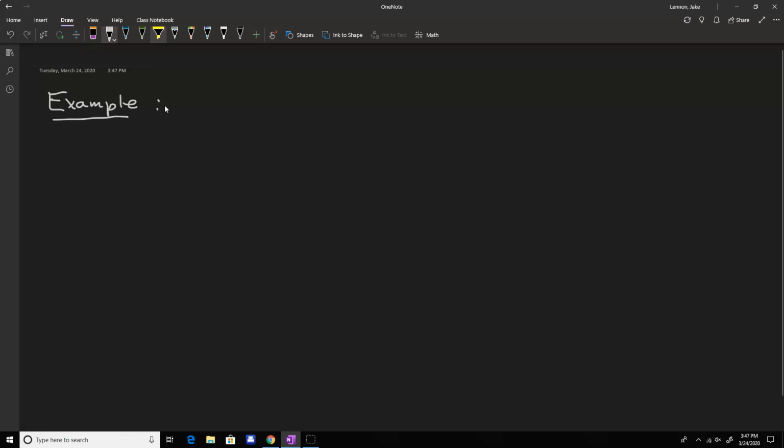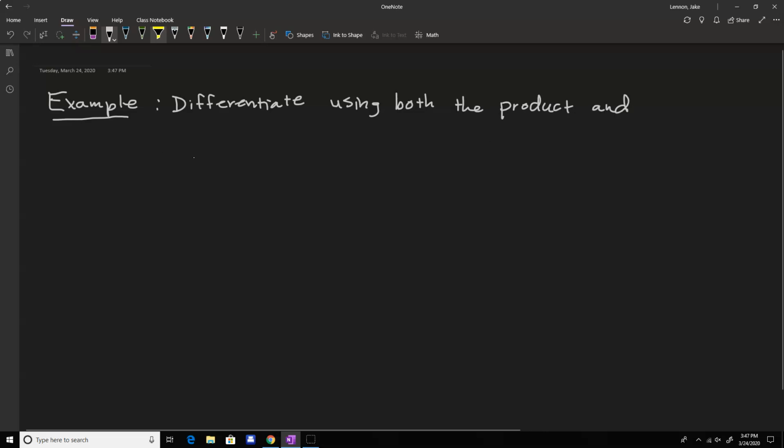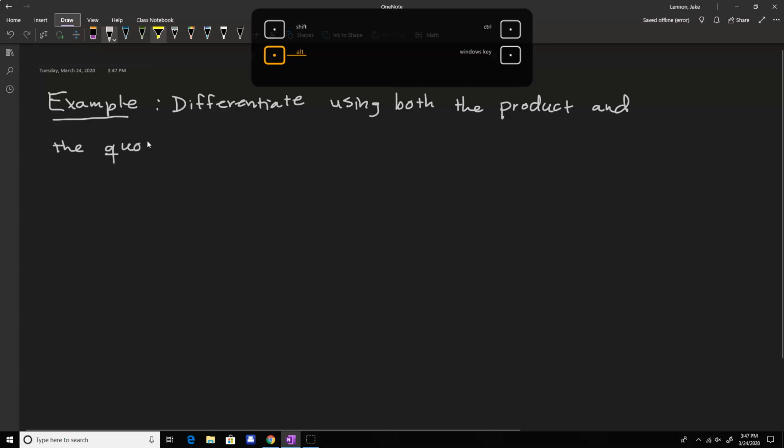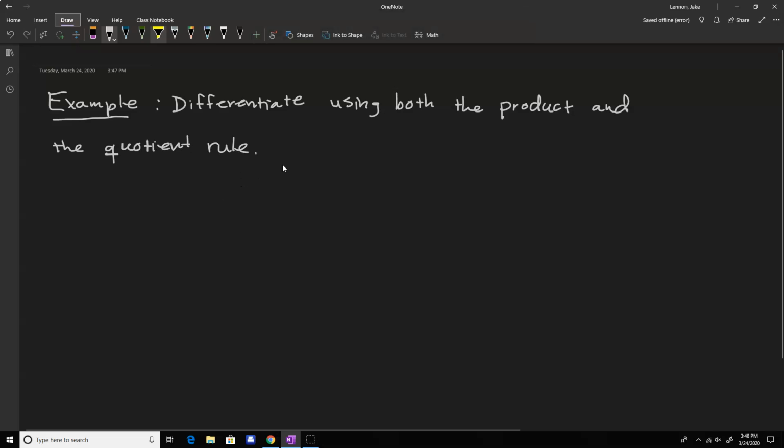So what we want to do here is differentiate using both the product and the quotient rule. So what is our function?